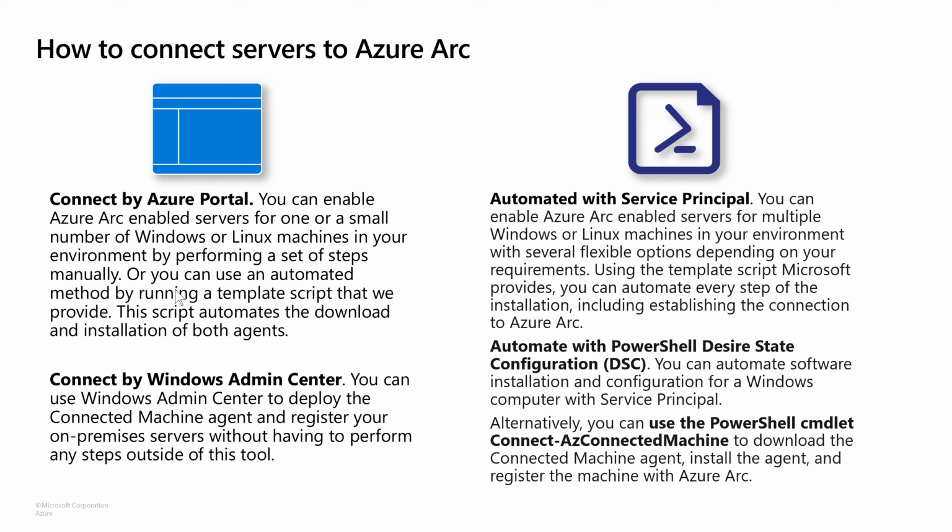DSC will push the script to each machine, and inside the script, you will provide your credentials for the service principal and the machines will be added. Or alternatively, you can build your own PowerShell scripts, your PowerShell commands, that execute the same az connectedmachine connect cmdlet. This cmdlet does all the steps that you need for the joining.